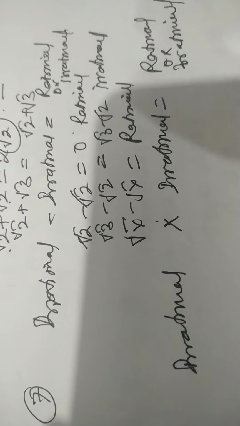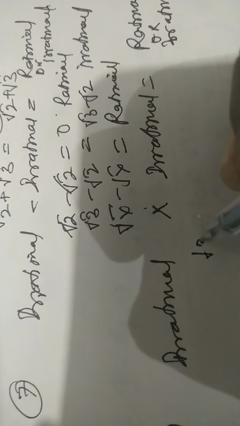The case number 8, irrational into irrational. Again, it may be rational or it may be irrational. Example, under root 3 into under root 3 is equal to 3.